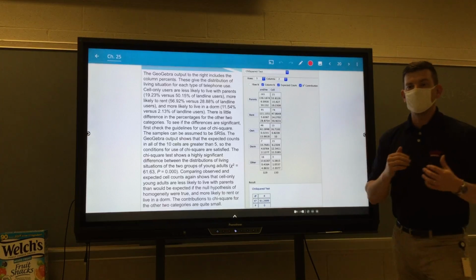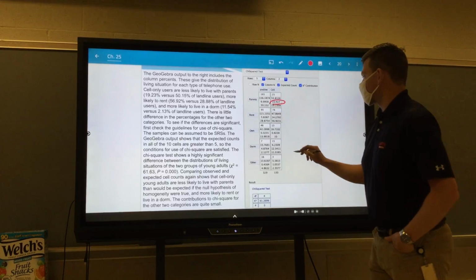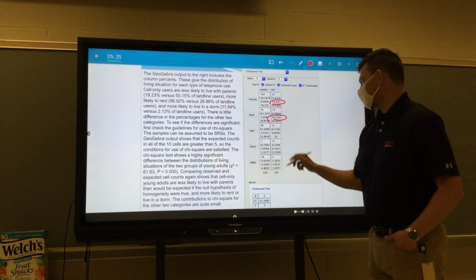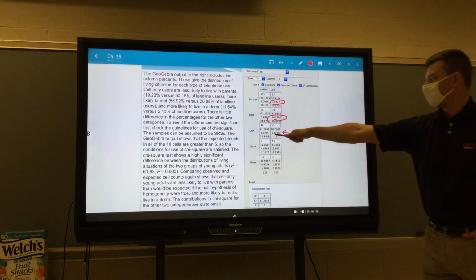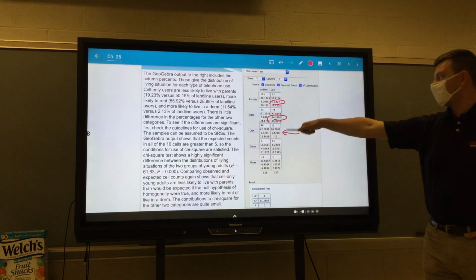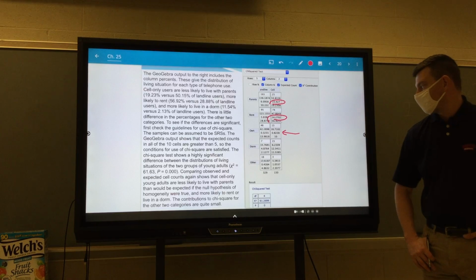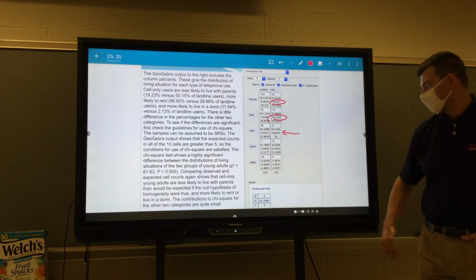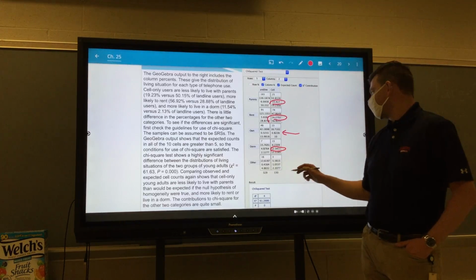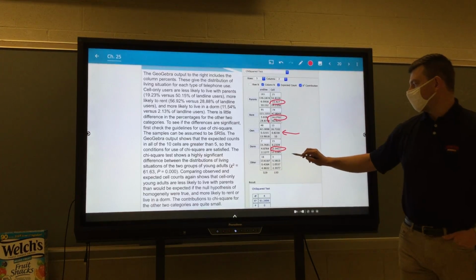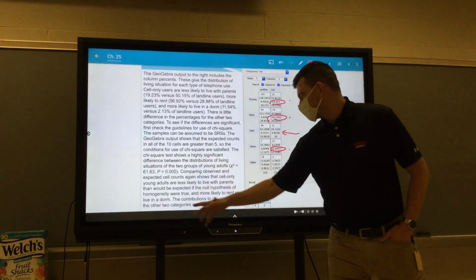So if we see something that's a significant contribution, like this is a pretty big discrepancy, these two right here are not, in terms of those who live on their own, whether they have a landline or a cell phone only. Doesn't look like much of a difference there from what we would expect. A little bit down here with the dorm and the cell phone only. But we see major contributions here, here, and here to that overall chi-square test statistic.